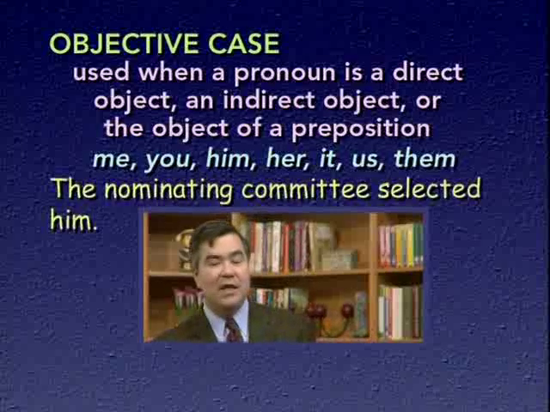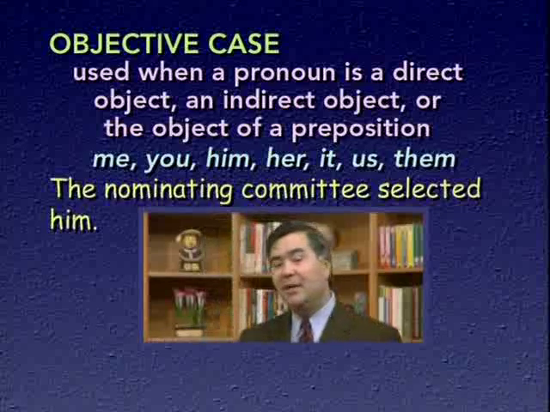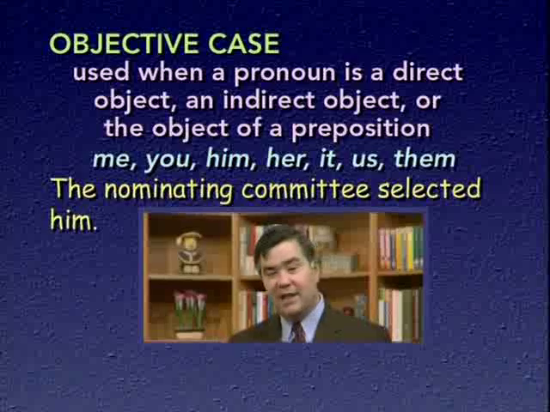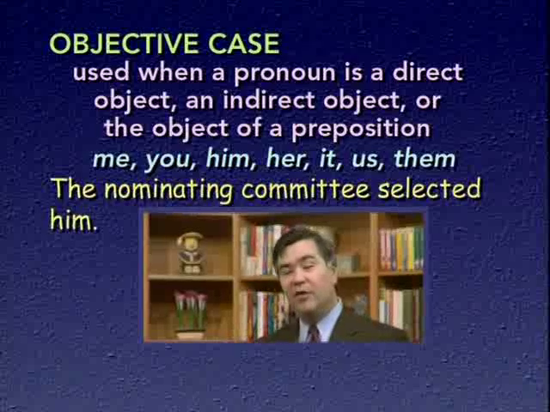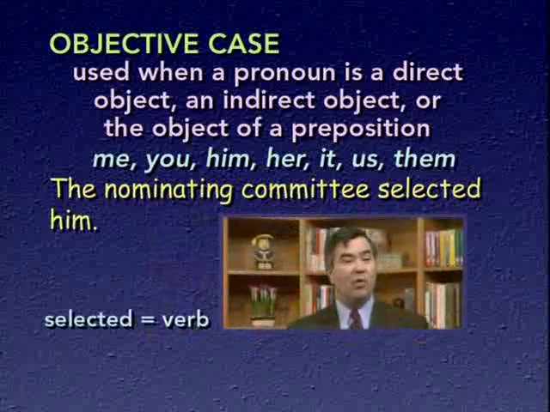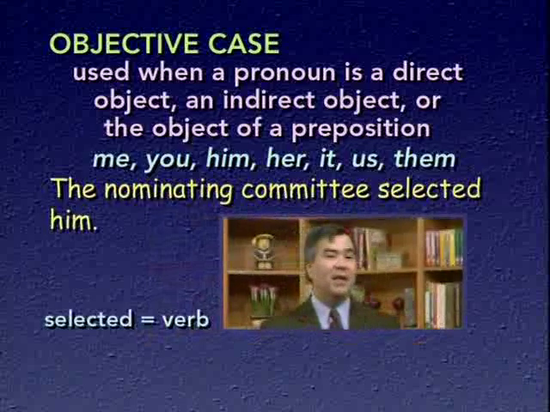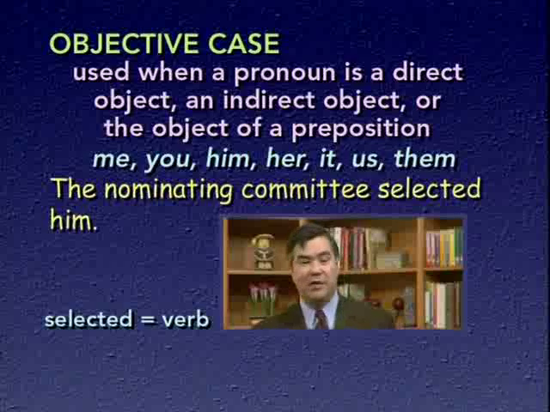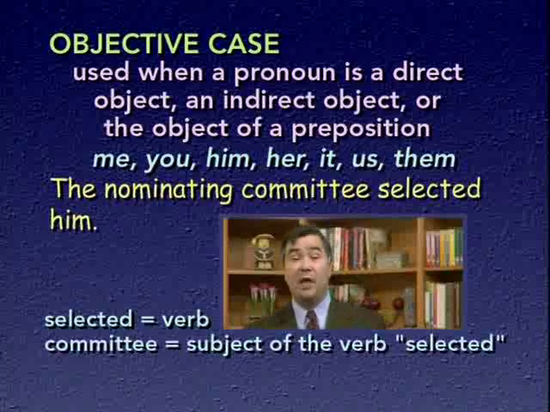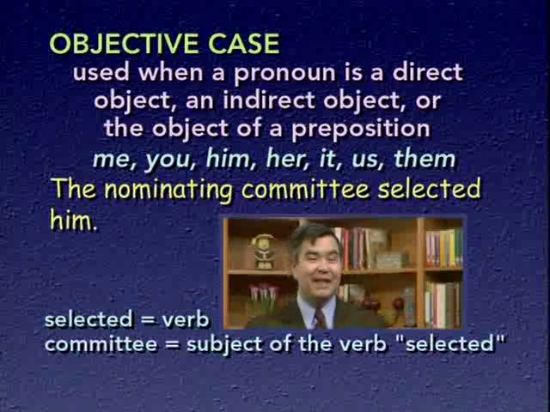First, the nominating committee selected him. It's usually good to analyze a sentence by finding the verb first. What's the verb here? Selected. Who or what did the selecting? The committee, the nominating committee specifically. So that's the subject of the verb selected. Now what about the pronoun him? What role does that word play in the sentence?